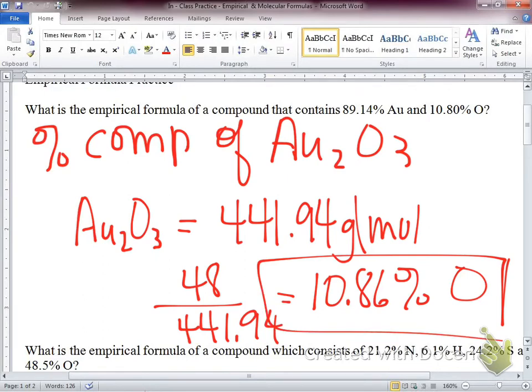Okay, so I got 10.86% oxygen, pretty close to the 10.8 that we started with, which means we are good to go.